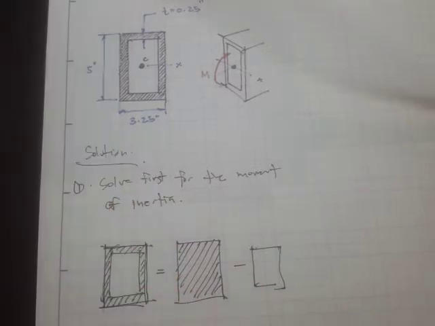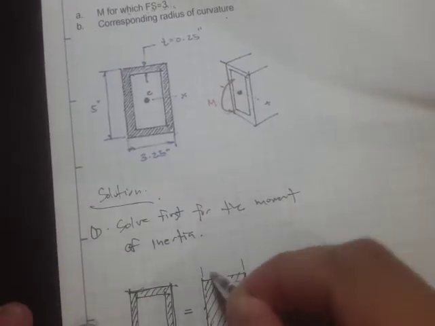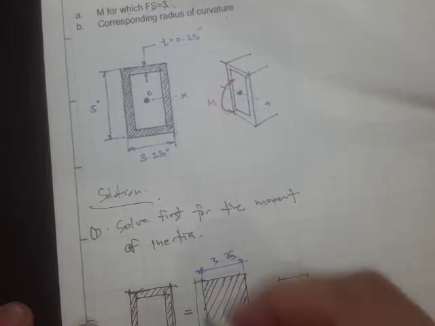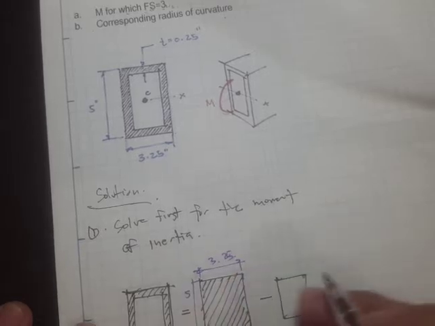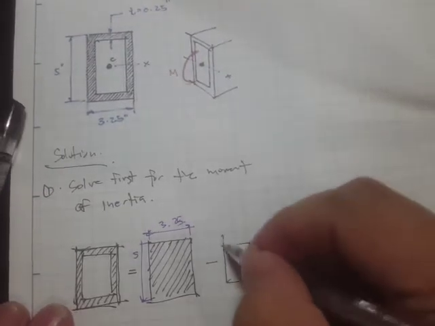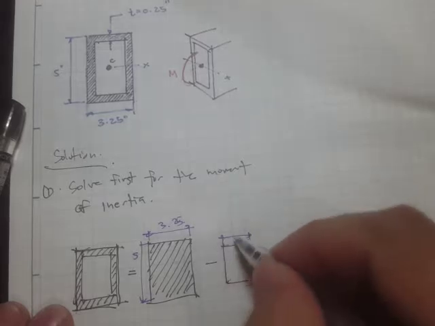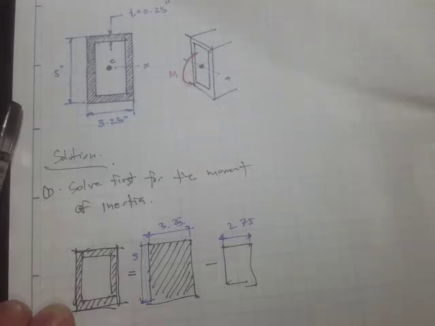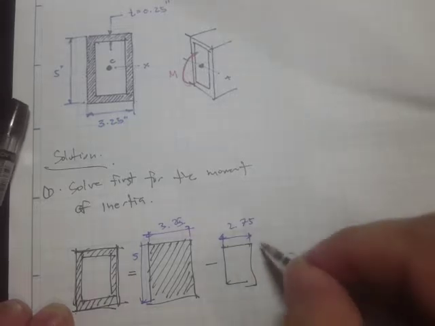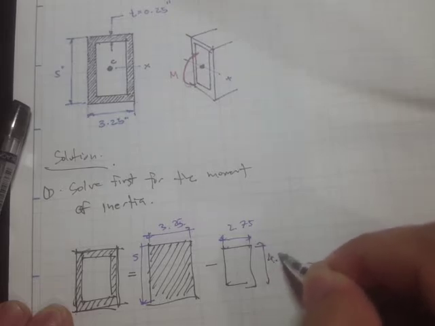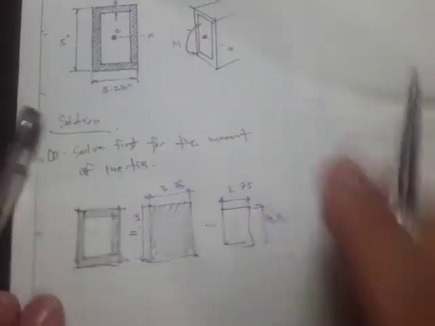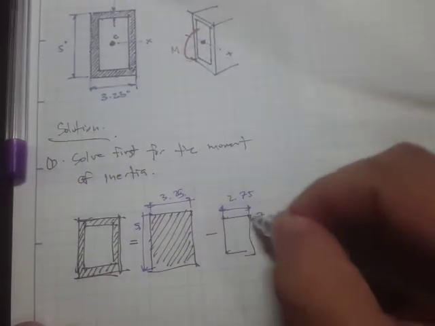The dimensions of this one are already given: this is 3.25, and the length is 5 inches. For the inside one, we just have to subtract the thickness, so this will be 2.75, and this length would be 4.5, right? It's just 5 minus 0.25 minus 0.25, so it's 4.5.